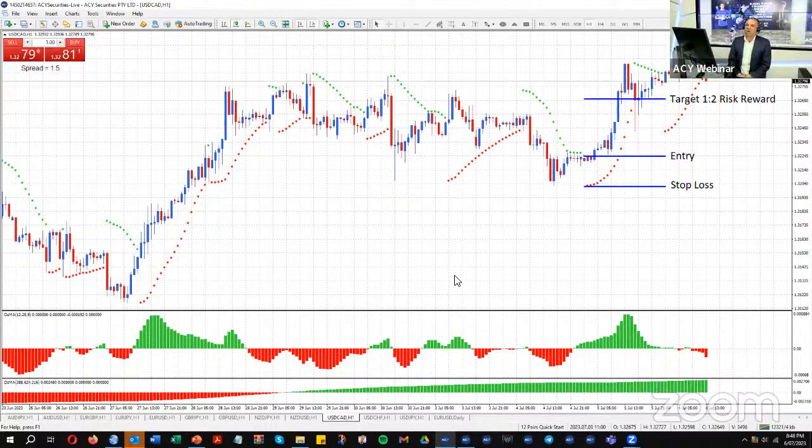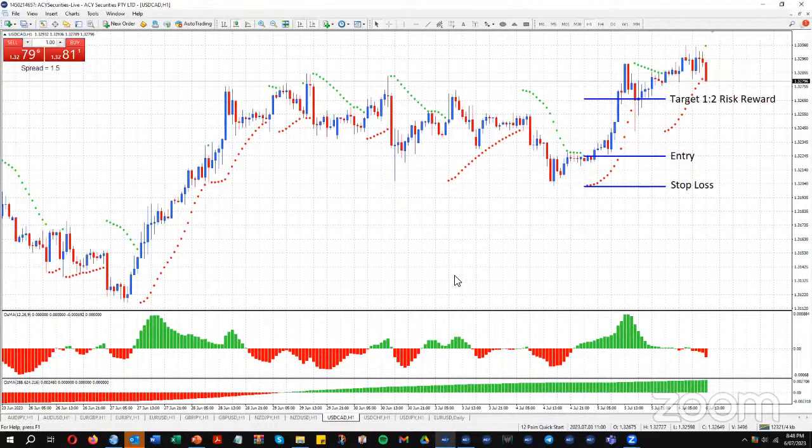Then I'm going to make $100 and then lose $100. So you just have this ebb and flow where you make some money and then you give it back. What you need is a risk reward of 1 to 2, so that when you have a win, you win more than you lose on your losers. And both you and I know, as traders, you have wins and losses.